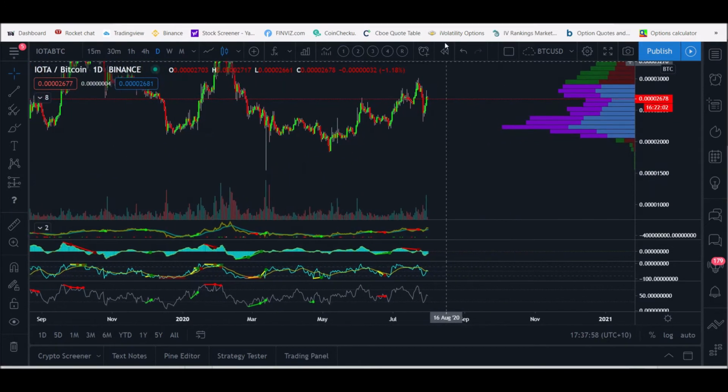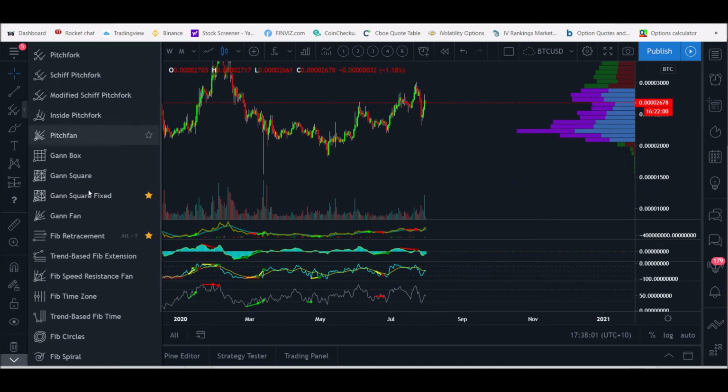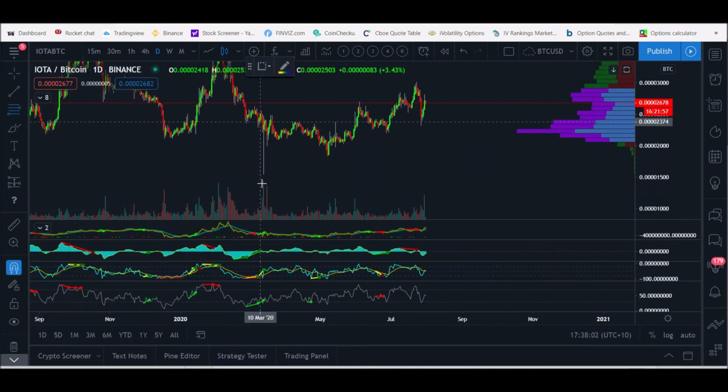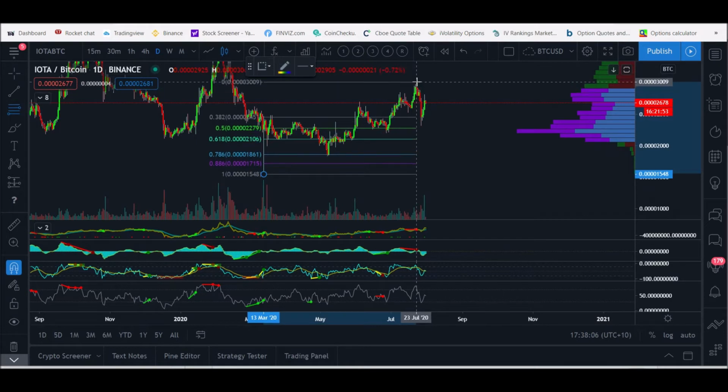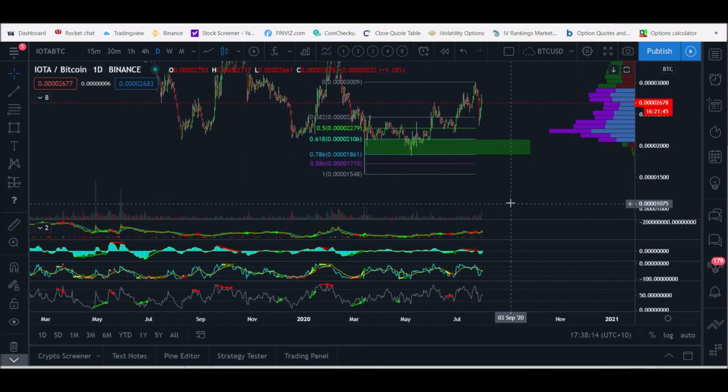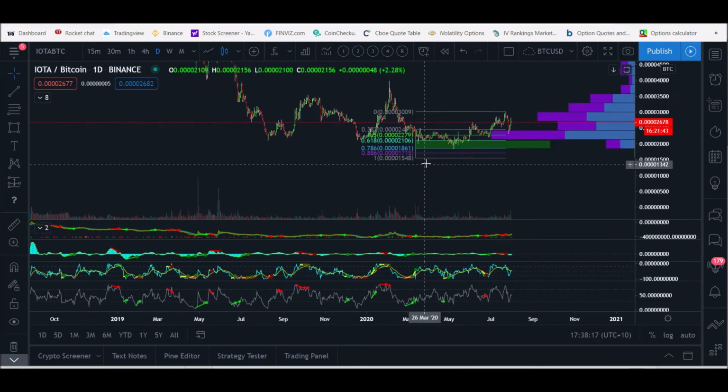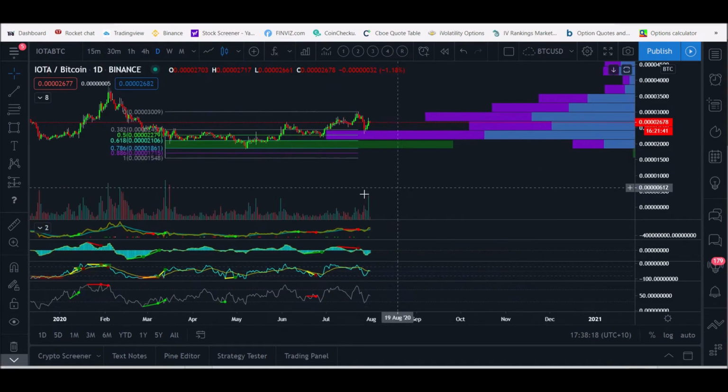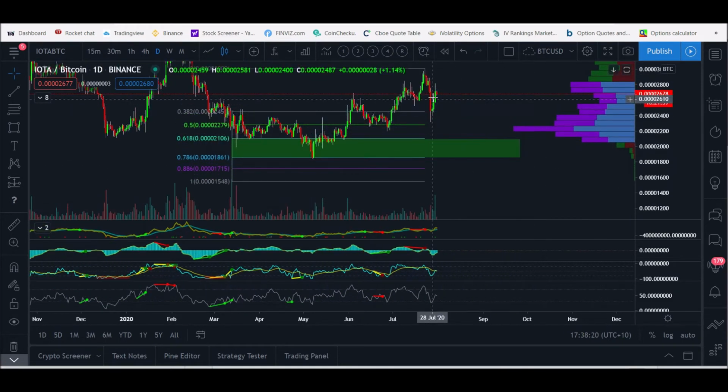If we were to look for an entry, get your fib, work it off the tail, swing low to swing high, and you can see right here we've come into that buy zone. That tail is literally in no man's land, so don't be surprised if we do see price drop back down, maybe to the 886 fib.